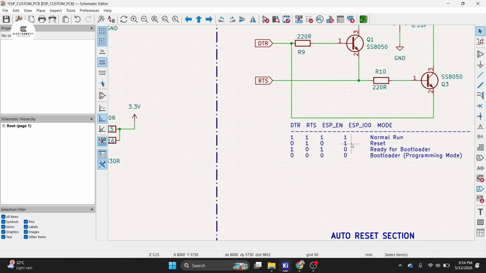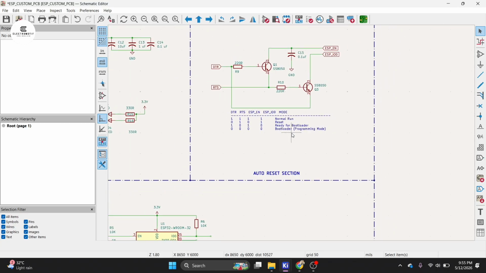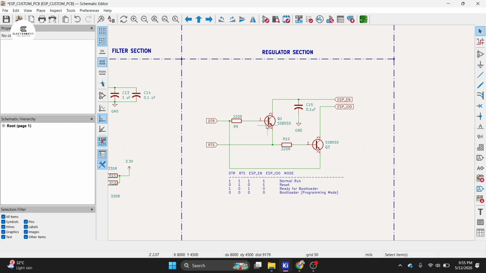In normal run, DTR and RTS are high, which means the ESP enable pin and ESP IO0 pin are high. To go into the programming mode, that is bootloader mode, DTR and RTS are 0, the ESP enable pin is 0 and ESP IO0 goes low. So this is the truth table of the auto restart section.